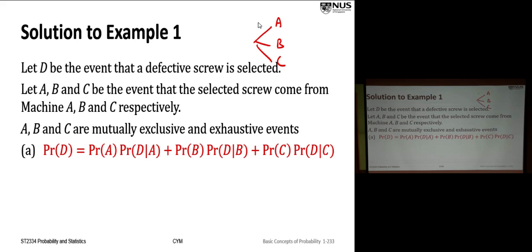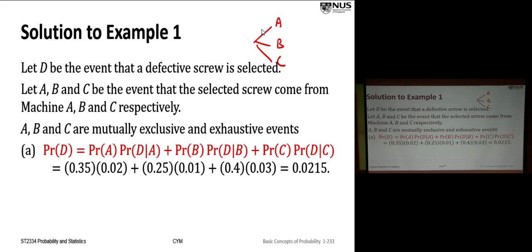What are these probabilities? 0.35, 0.25, and 0.4. We start from a node and branch out. There are three branches representing machine A, B, and C, and each branch has a probability associated to it. So that means 0.35 to get from machine A.